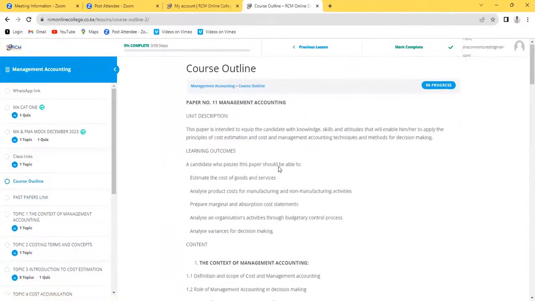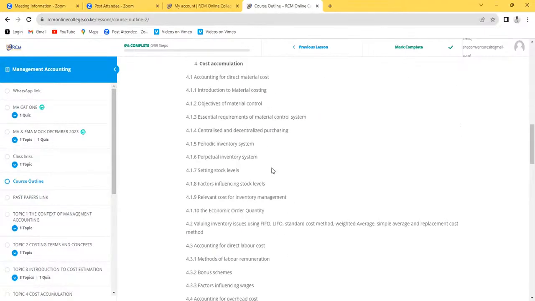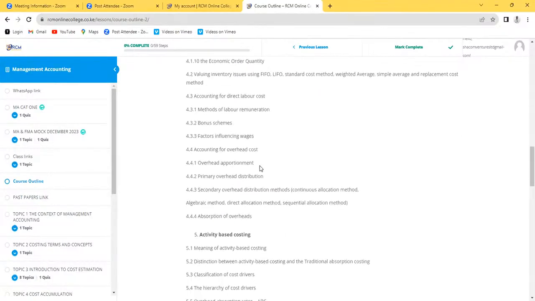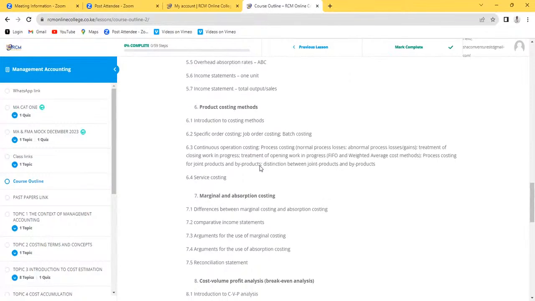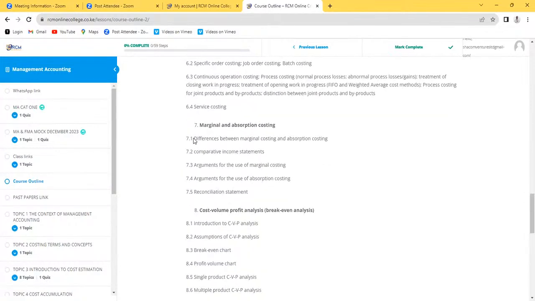If you look at our course outline in topic number 7, look at what the examiner wants you to know. But they are very funny. In topic 7.1, you should be able to understand the differences between marginal and absorption costing, which we've done. Comparative income statements, which we are going to prepare as we do a practical question.